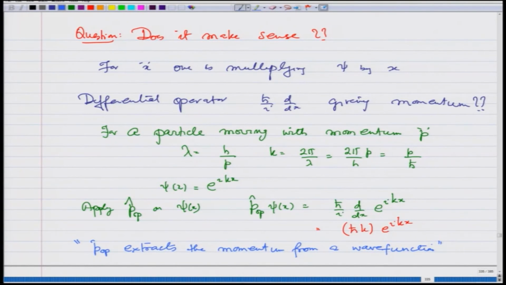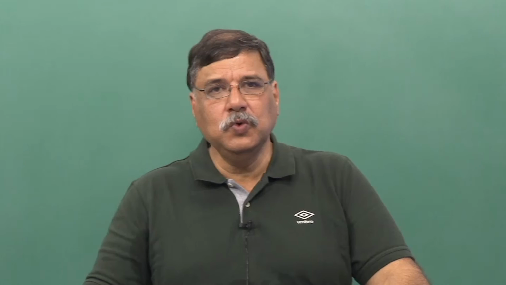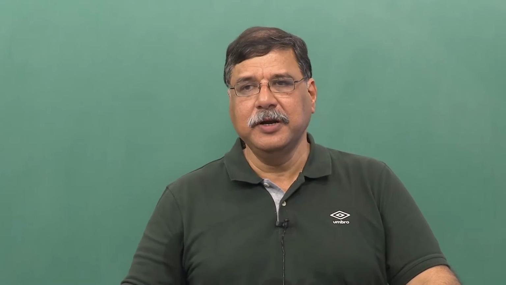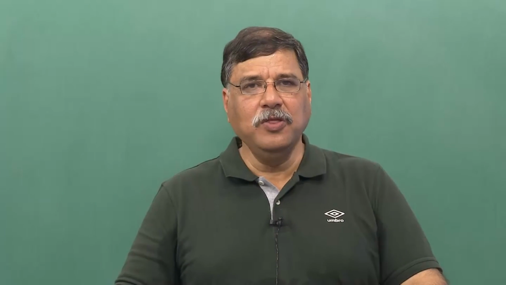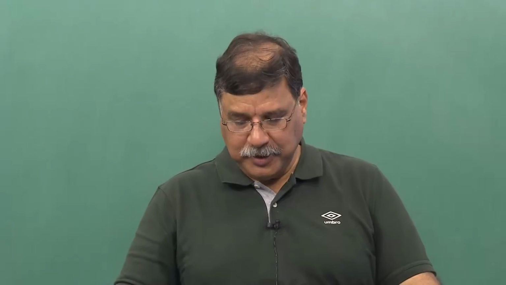And that is the formalism in Schrodinger, that whenever you want to extract a quantity, it has to have a corresponding operator that then acts on the wave function and gives you that quantity.